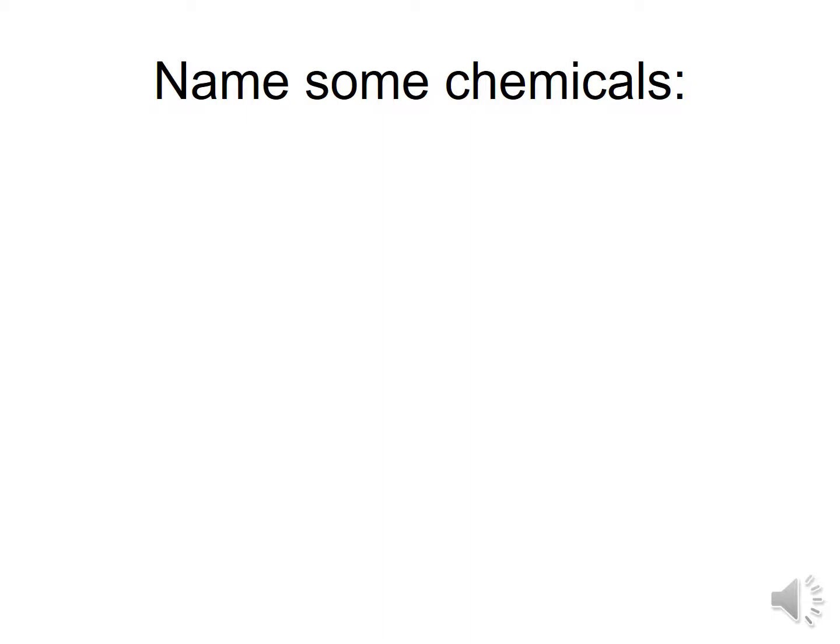Now, if you wrote some chemical names down, maybe some of the names you might have come up with were something as simple as water, or table salt, sodium chloride, or maybe you thought about something a little more obscure like hydrochloric acid or sulfuric acid.